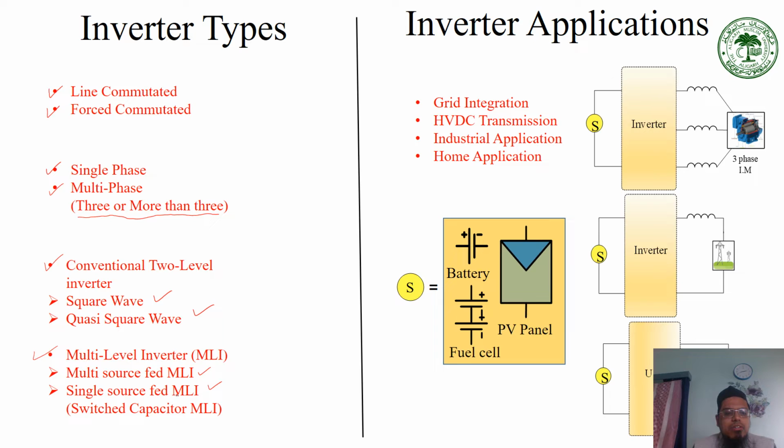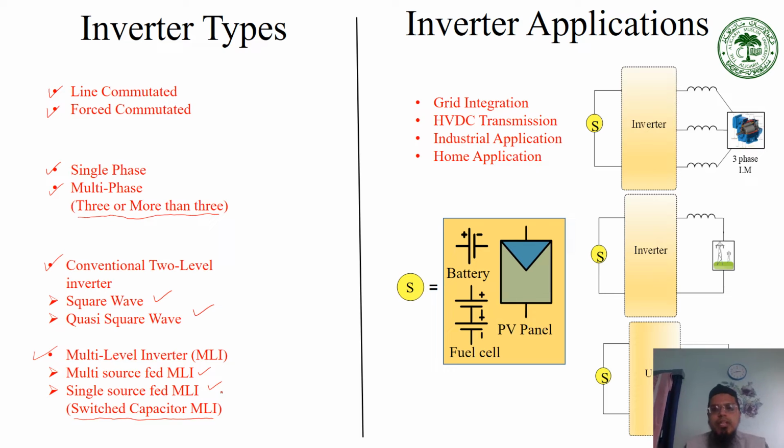While in single source fed multi-level inverter, we have got only one DC power supply, and rest of the levels are generated by the use of switched capacitors. Charging and discharging those capacitors in a complete cycle is done in such a way that the voltage after one complete cycle remains same.